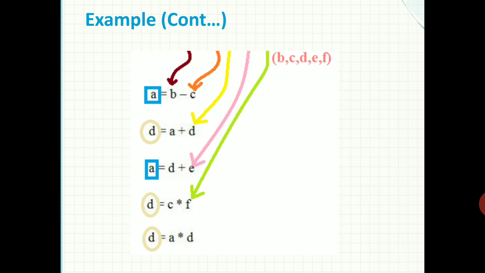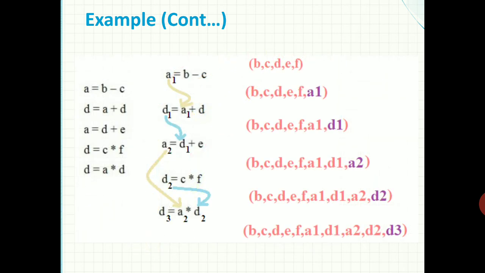So we will replace a by a1 in this case, and d by d1 like that. So b, c, d, e, f are the variables necessary to represent this code as a static single assignment. In addition to that, we are using some more variables, that is a1, d1, then a2 and d2 and d3.